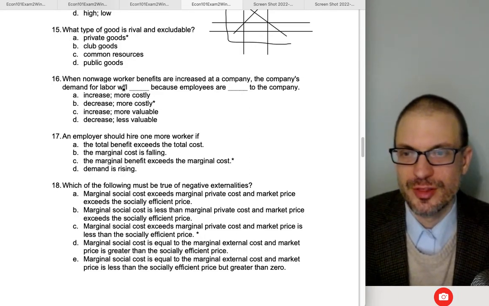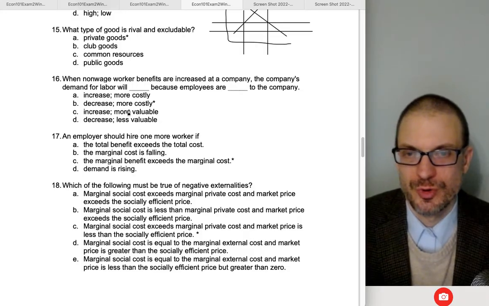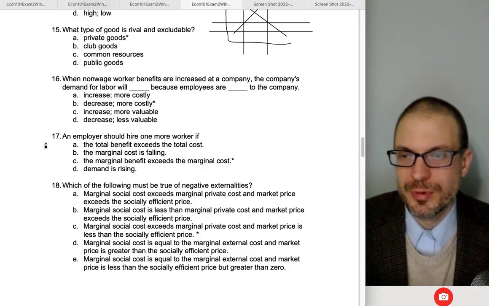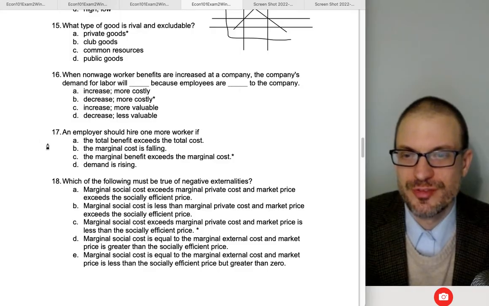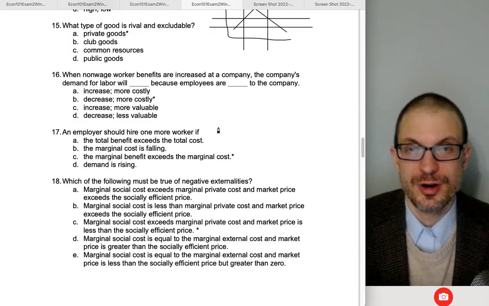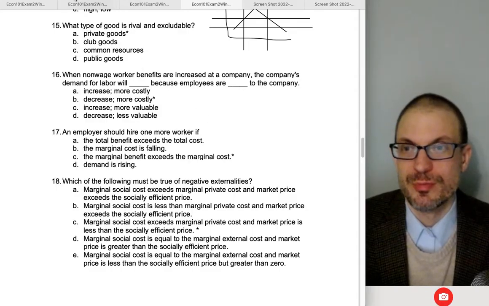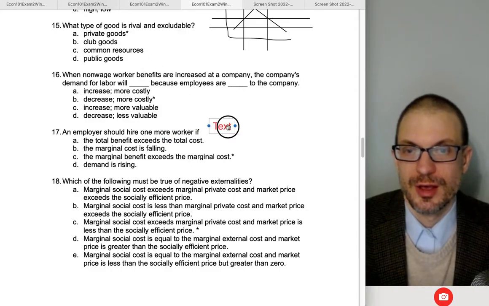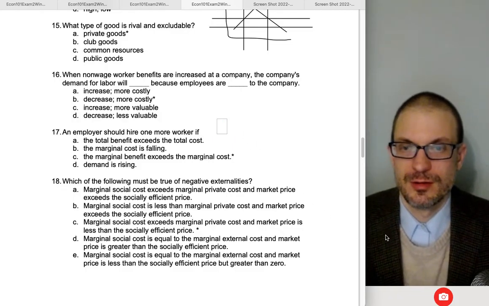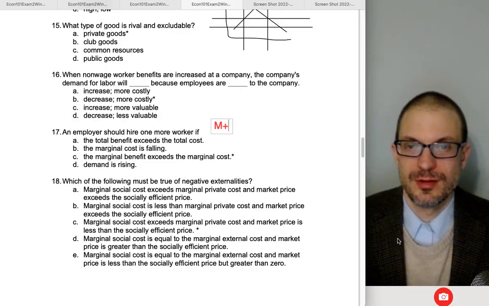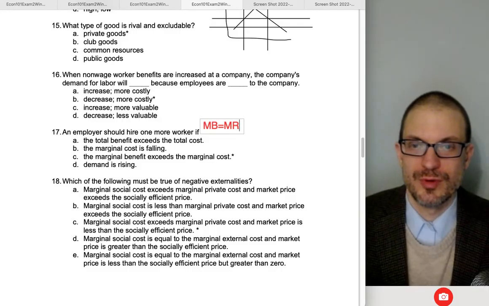And so, yeah, the labor demand is going to decrease because workers are more costly. An employer should hire one more worker if the marginal benefit exceeds the marginal cost. And what's the marginal benefit of one more worker? The marginal revenue product, right? So marginal benefit is marginal revenue product.